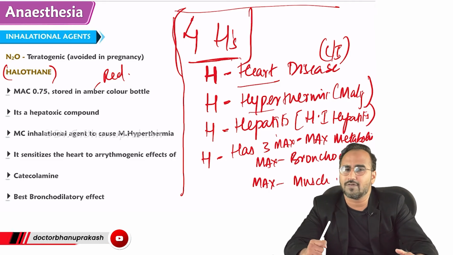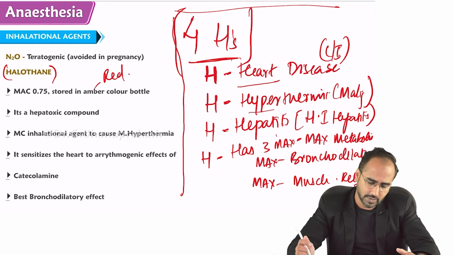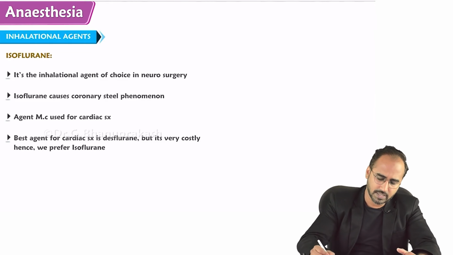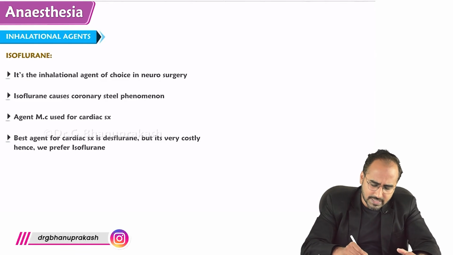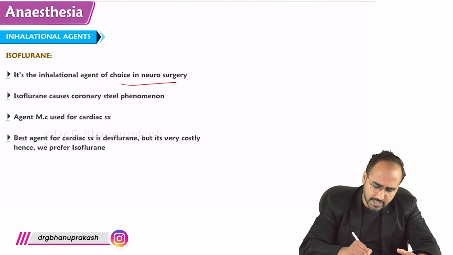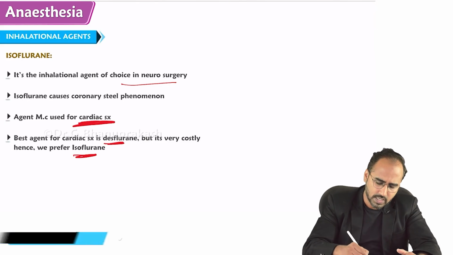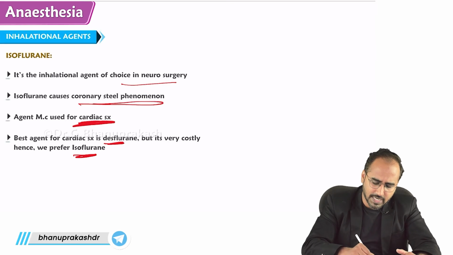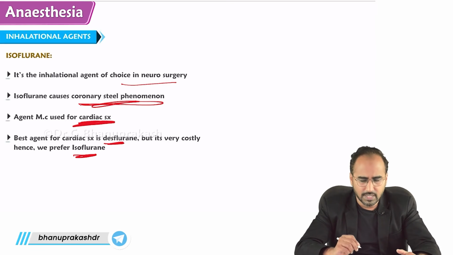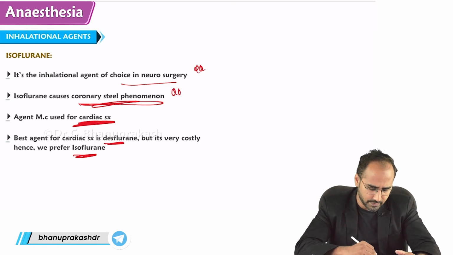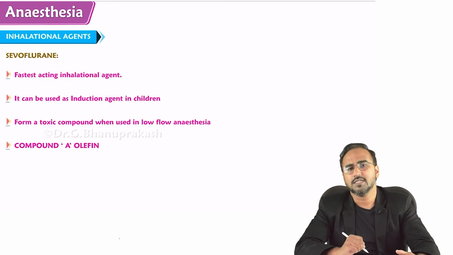Coronary steal phenomenon. So it is used in neurosurgery and cardiac surgery. Most common is always iso, best is desflurane, but commonly we use iso, even though it causes coronary steal phenomenon. That's regarding isoflurane.